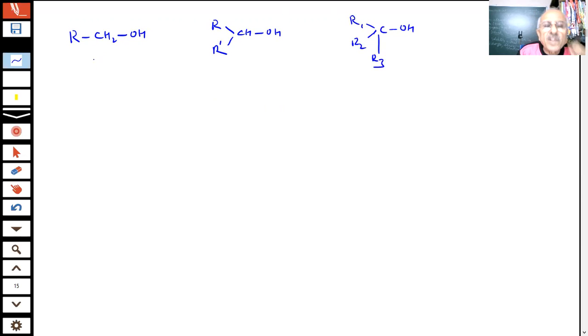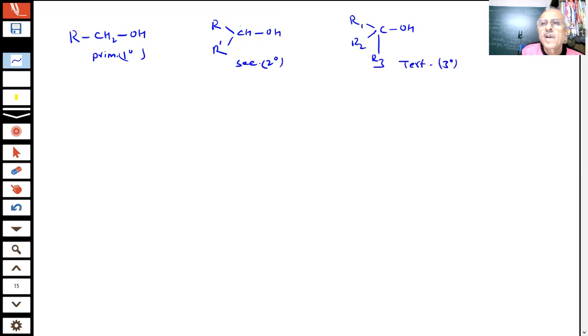What type of alcohol is each? Primary, secondary, or tertiary? This is primary, this is secondary, and the third is tertiary.